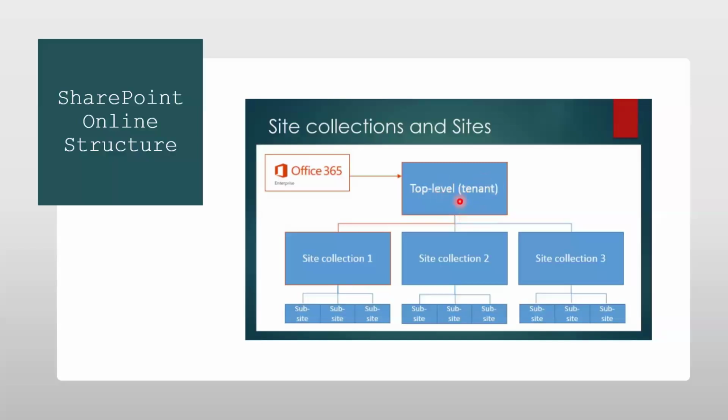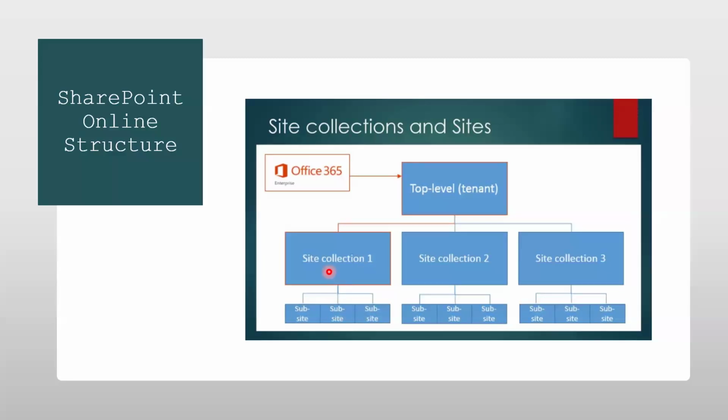So within the tenant, we can create multiple site collections. For example, our organization Saga Tech is the tenant name. Within Saga Tech, we can create one site collection for the HR department, another for finance, and another for facility, right? Within those site collections, we can create subsites.